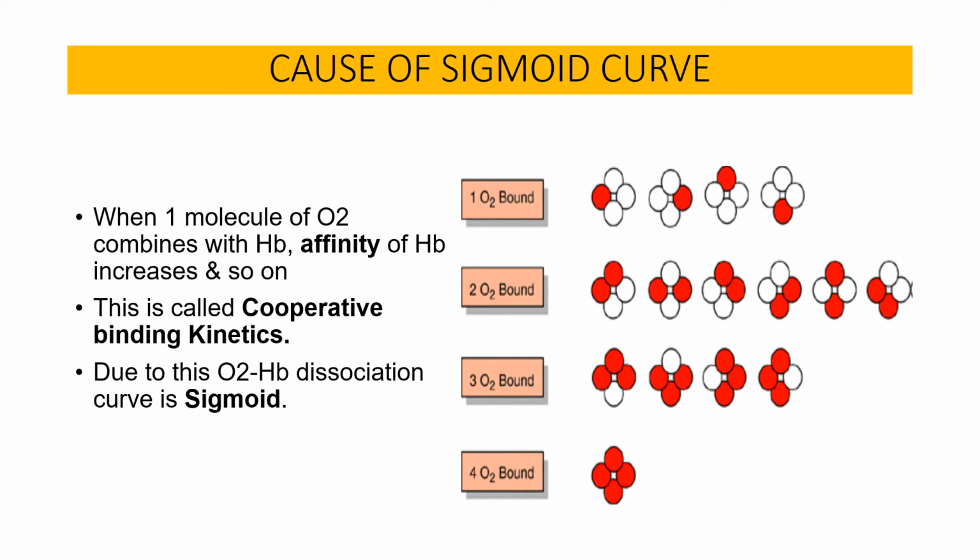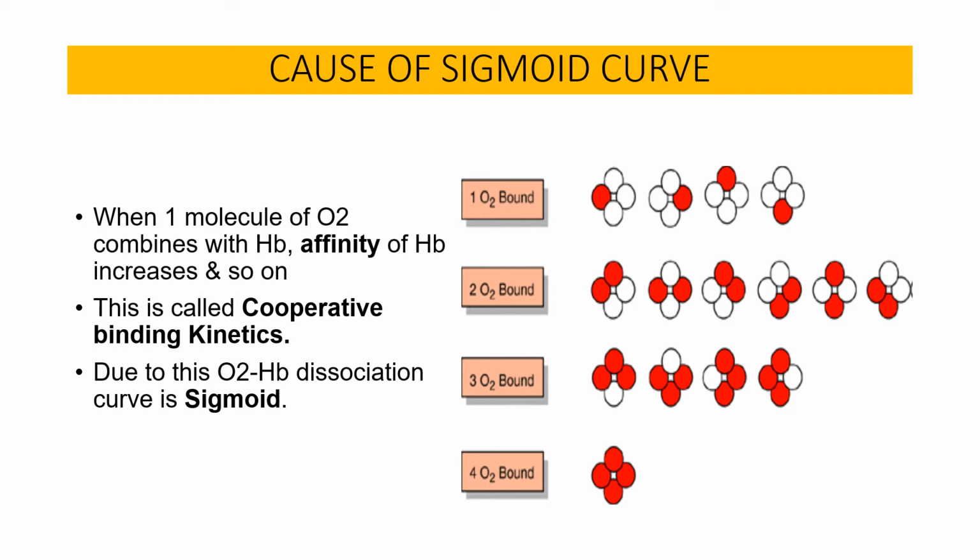Similarly, when there is the offloading of oxygen, the affinity decreases. When one molecule of oxygen combines with hemoglobin, affinity of hemoglobin increases and so on. This is called cooperative binding kinetics. Due to this, the oxygen hemoglobin dissociation curve is sigmoid.